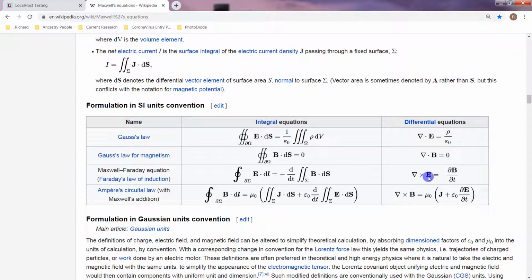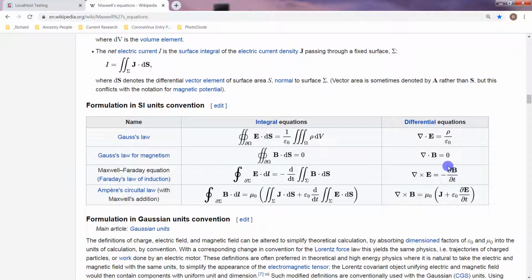So this is cool. Volts per meter times 1 over meter is volts per meter squared, which is Tesla per second, which is Webers per meter squared per second.